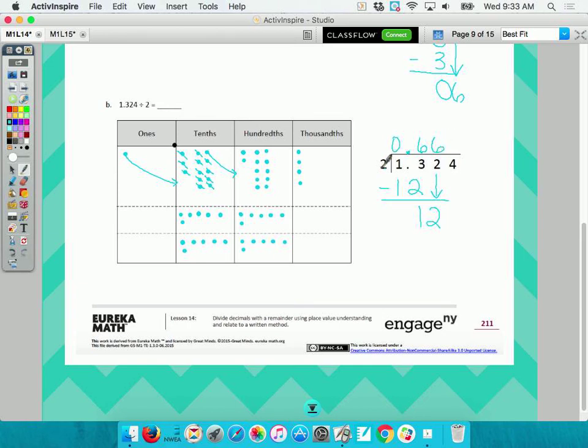And 6 times 2 equals 12. And if I cross those 12 off, how many do I have left over? 0. Okay, now I'm ready to look at the thousandths place. So that means bring down the 4.